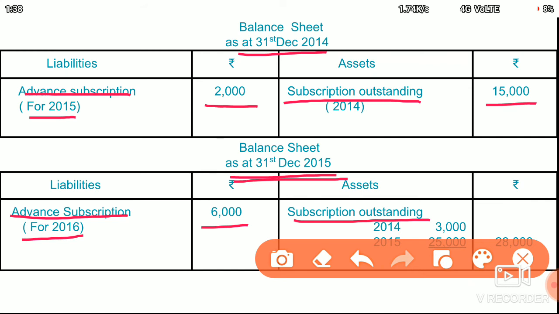The total subscription outstanding at the end of 31st December 2015 will be 28,000, as it will include 3,000 rupees, which is an outstanding of 2014 and is still outstanding in 2015. So the total outstanding at the end of 31st December 2015 will be 25,000 rupees, which is an outstanding of 2015, and 3,000 rupees, which is an outstanding of 2014. So the total will come to 28,000.